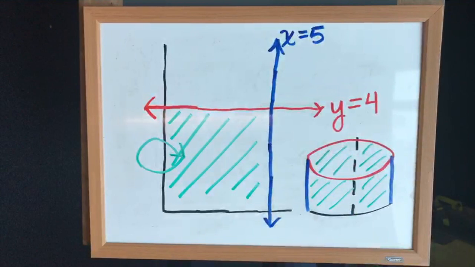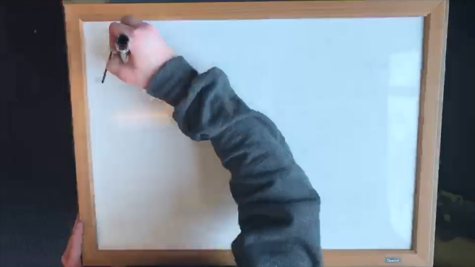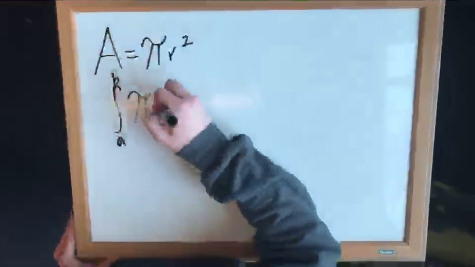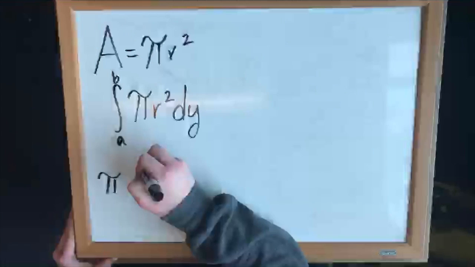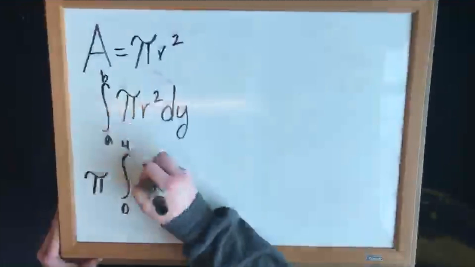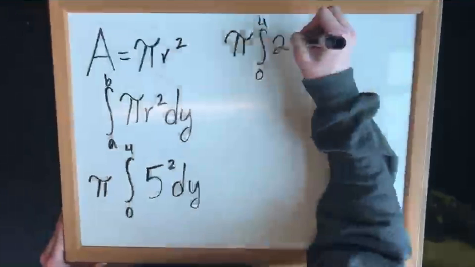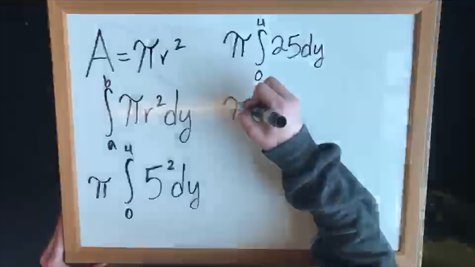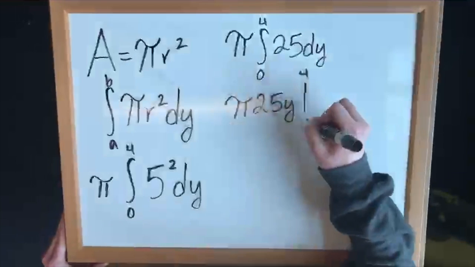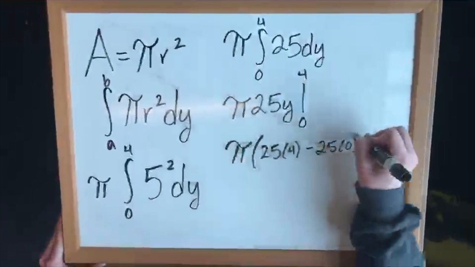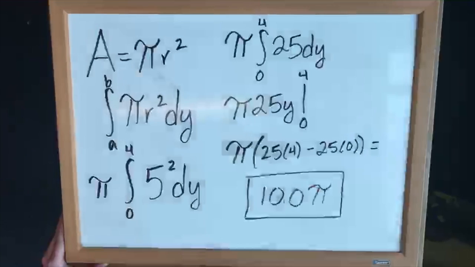Using an integral from a to b, we will integrate the function to find the volume. In this case, we will integrate 25 pi dy from y equals 0 to y equals 4. After integrating, we will be getting pi 25y from 0 to 4, and using the fundamental theorem of calculus, we will solve 100 pi minus 0 to get 100 pi as our volume.